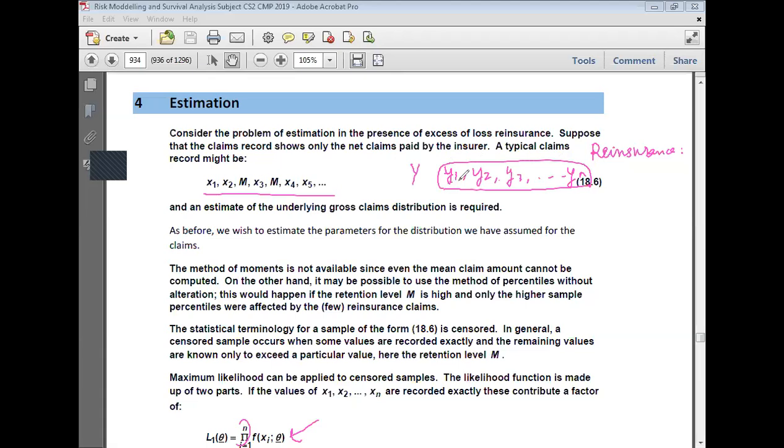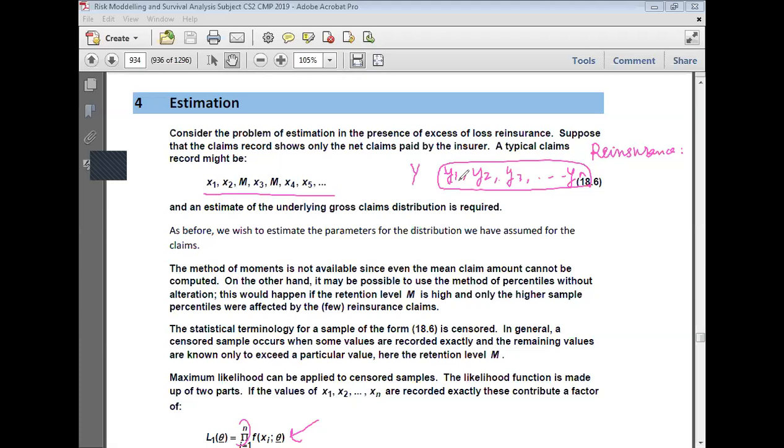Or sometimes the moments do not capture the essence of the distribution, maybe because it doesn't have a heavier tail than what we expect. These are a couple of reasons why we have to go with maximum likelihood estimation.